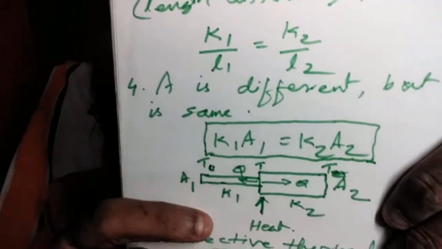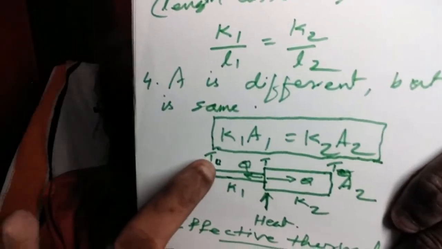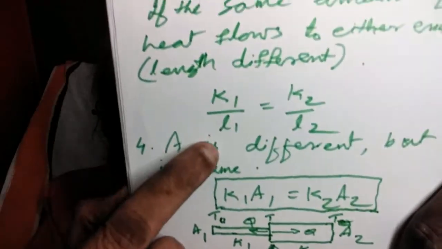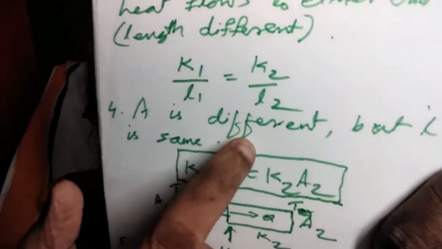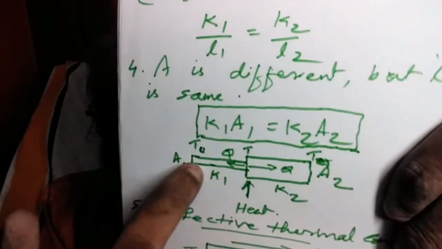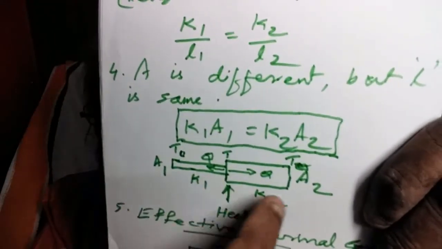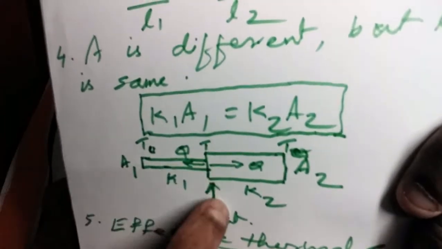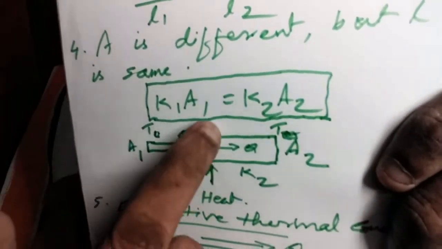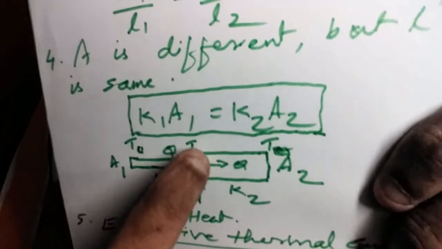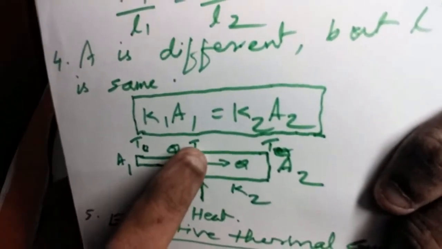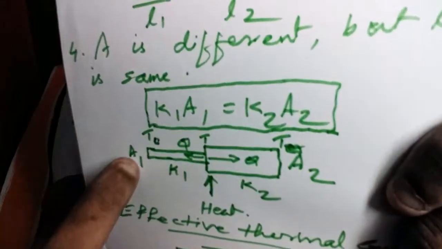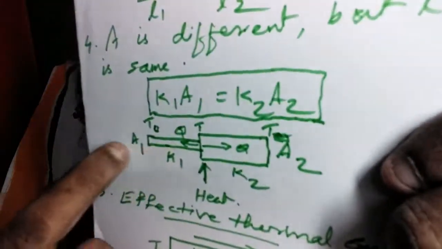Next case, A is different. Area of cross section is different, but length is the same. This junction is heated up. We are heating this junction. So junction is at a higher temperature T. Two ends are at temperatures T0.